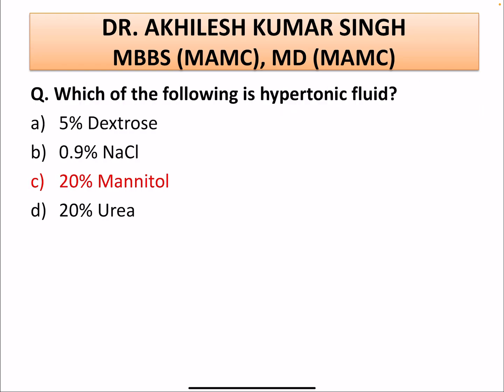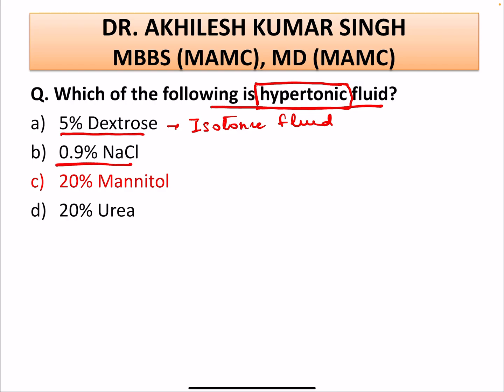Now let us look at the next question. The next question is, which of the following is hypertonic fluid? We have to tell about the hypertonic fluid, meaning the concentration will be more than the concentration of isotonic fluid. 5% dextrose is isotonic fluid. 0.9% NaCl is again the isotonic fluid. 20% mannitol, this concentration is more than 10% mannitol, because 10% mannitol is isotonic.